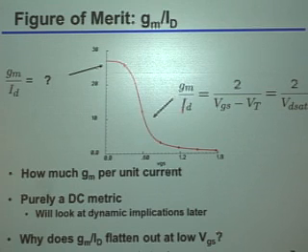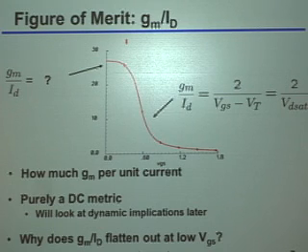If I pull that ID over and look at it as a metric by itself, the metric should go as something like 2 over VOD, or 2 over VDSAT. So as you decrease the gate to source, that also decreases the VOD, and your metric goes up. In other words, it improves.